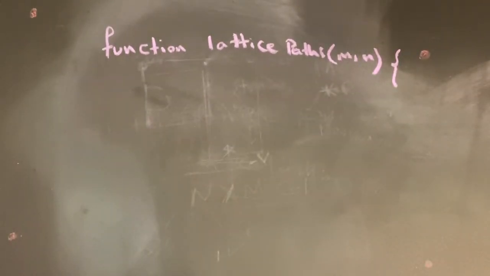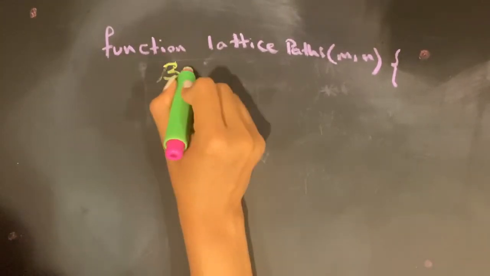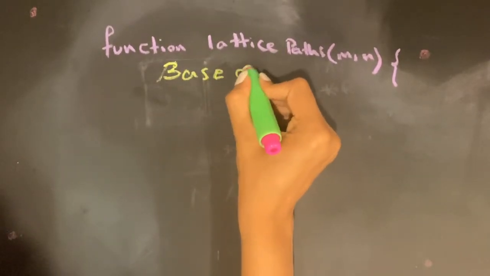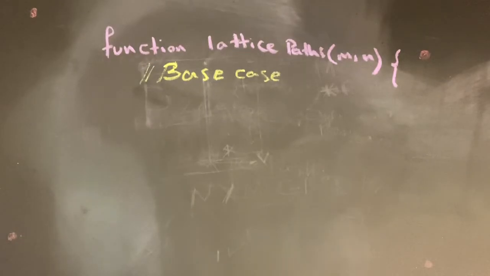We're calling the function lattice paths, and our inputs are going to be m and n. First, we need to write our base cases. So we had two boundary cases. The first one is going to be for boundaries reached.